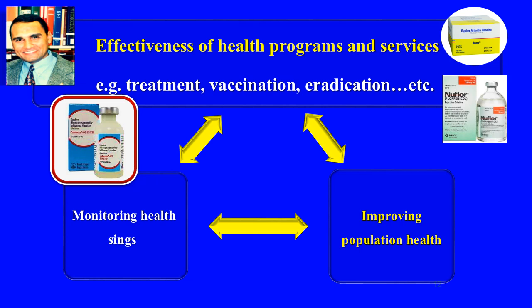This is done by veterinarians for improving population health and also monitoring health science. So, epidemiology usually completes the clinical picture and completes this picture for the effectiveness of health programs and services.